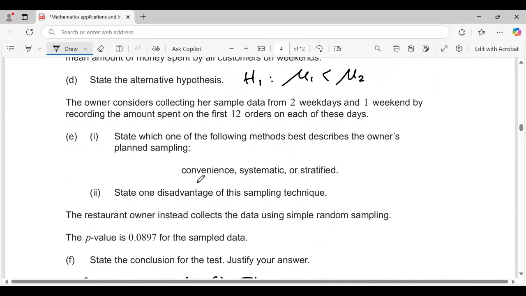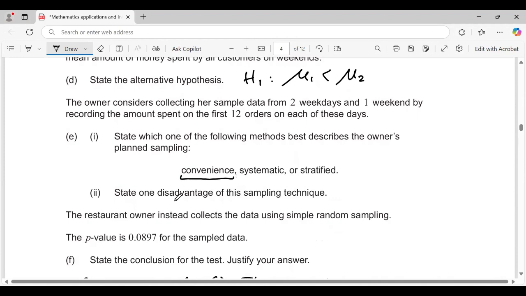Okay, convenience, systematic, or this one. Convenience. Why? Because the owner is collecting data in a way that's very easy for the owner, not using a structured or randomized method. So the answer is convenience.